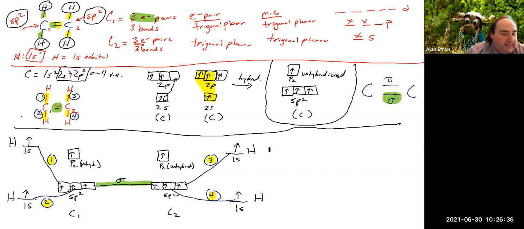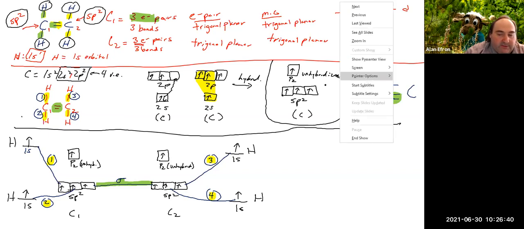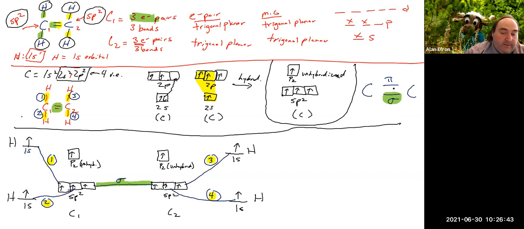So now we're almost done. We're almost out of bonds. The last bond we have is between carbon and carbon, but it's going to be the pi bond. If you remember, the pi bond is not head-to-head overlap, but sideways overlap, in this case from carbon number 1's pz orbital, which was unhybridized, and carbon number 2's pz orbital, which was also unhybridized.